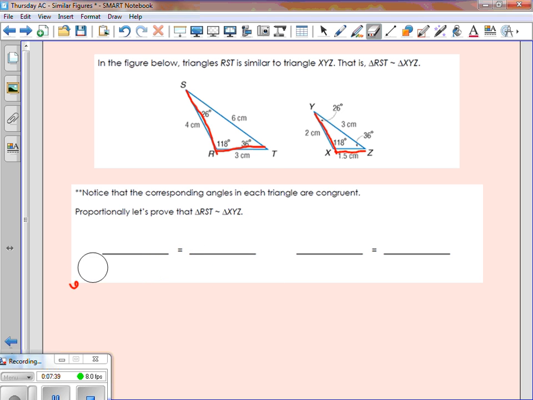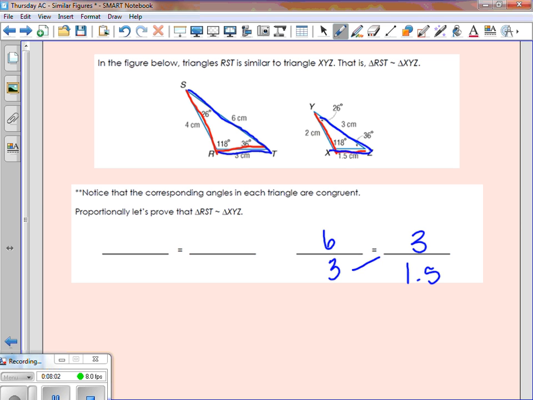If we need to, we can also take another set of corresponding sides to make sure that these last two sides are corresponding. In a triangle, they should be if the angles are the same. So let's try 6 and 3, and then 3 and 1.5.